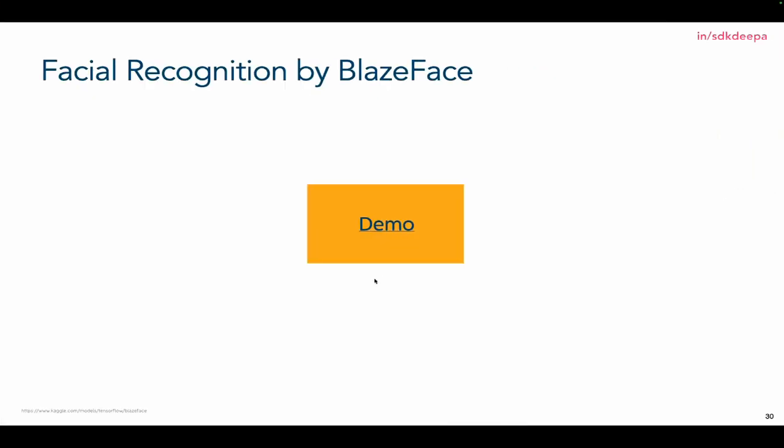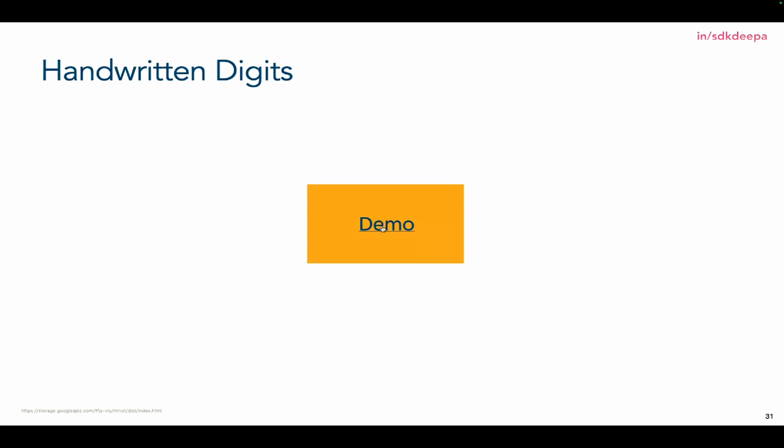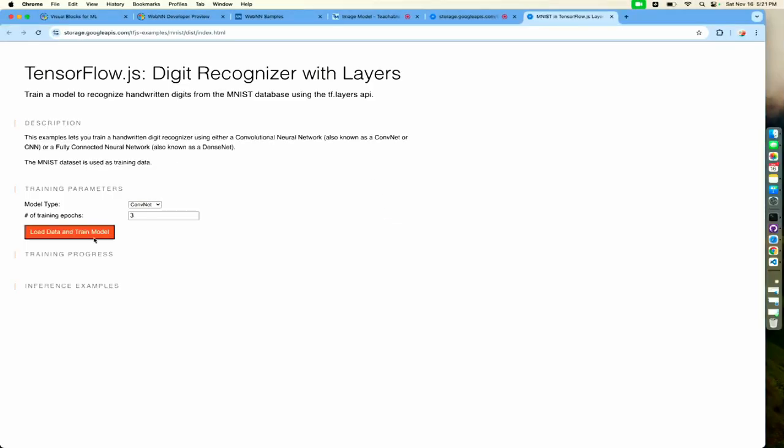And there's one more, the last model that I really like. It takes a little bit of time, but what it does is, let's see, load data. This recognizes numbers from 1 through 9. Let's see, hopefully it works. It recognizes each handwritten digit, and it says training model, but once it starts, it is pretty fast.